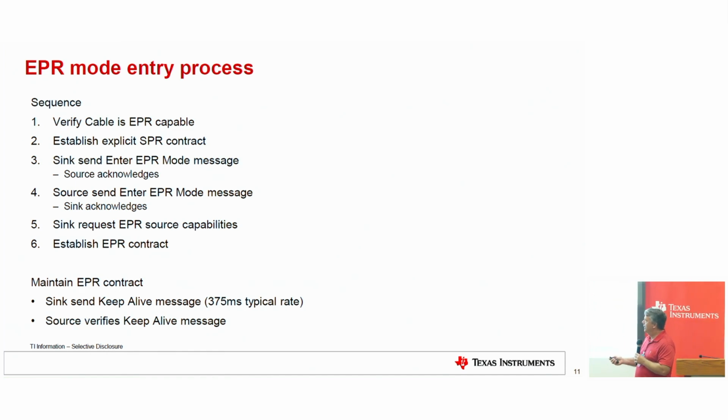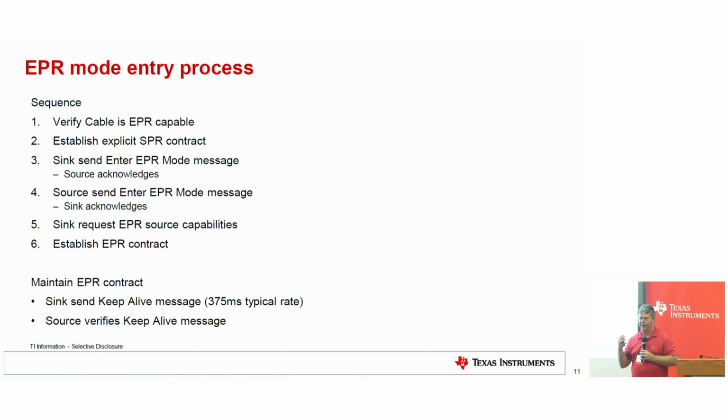So again, I mentioned this 2-3 times. One of the first things you do is you query the cable. Are you EPR capable? If not, you don't even attempt it, right? Both sides would agree to that. The next thing that is done typically is you establish an SPR contract first.